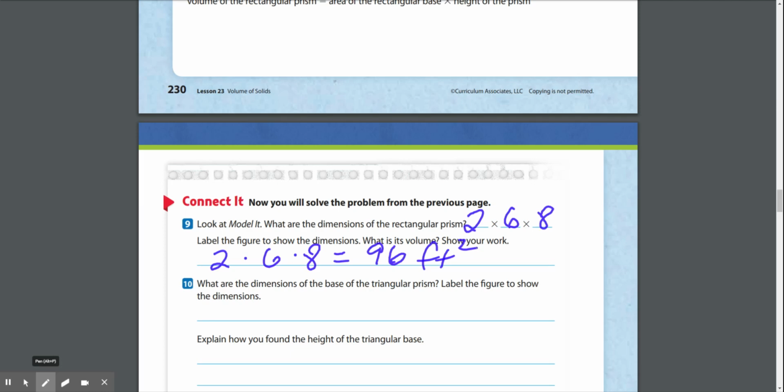That was, see, we have the 2 and the 6. I already labeled it above, but this part was 8.